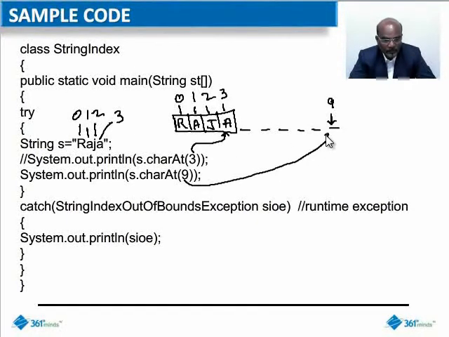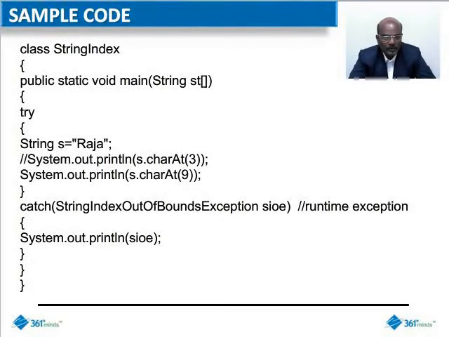Therefore this particular error is caught by the StringIndexOutOfBoundsException, wherein I have declared a variable SIOE, which is a runtime exception, and the SIOE is printed as an error message, which you can see in the output, the next slide.